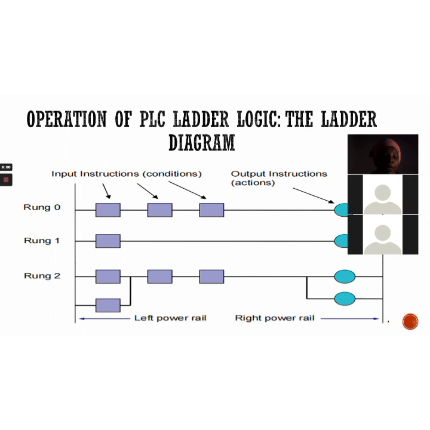And then the program runs from the top to the bottom. This is to mean that the instruction that the PLC is reading is from rank 0 to rank 2, going downwards. So it reads from rank 0, it gives you the output, then it goes to the next instruction, that is rank 1.